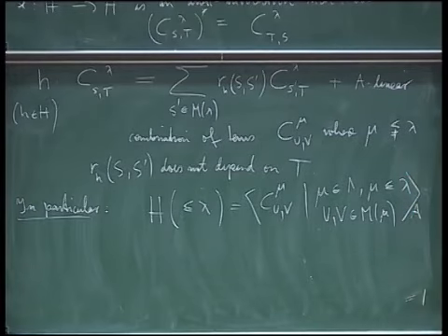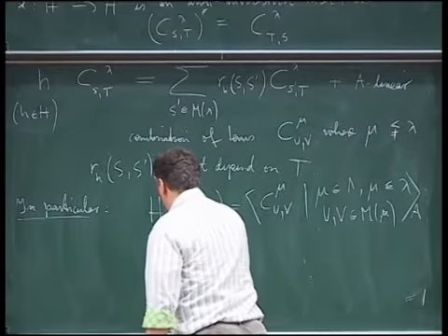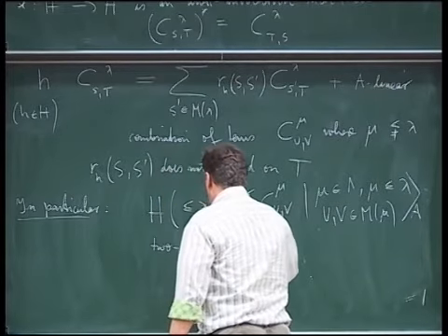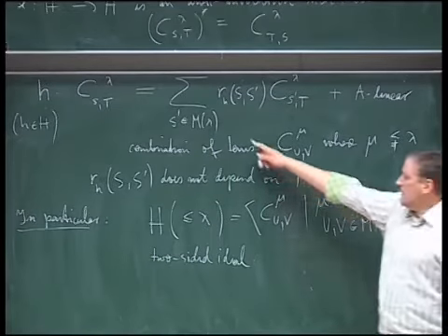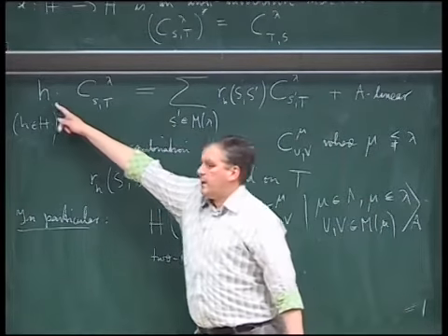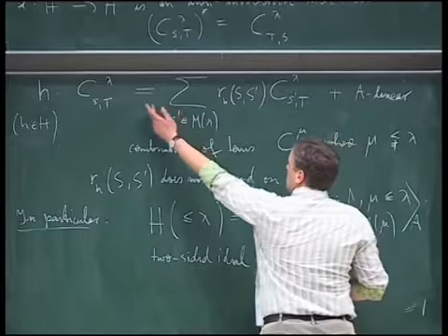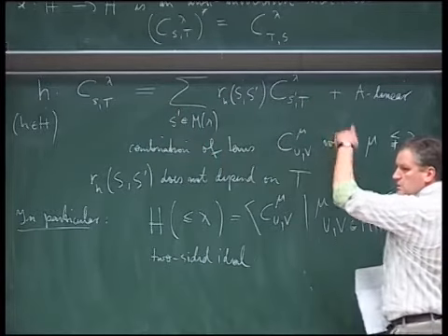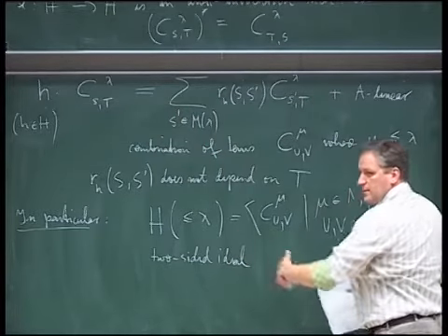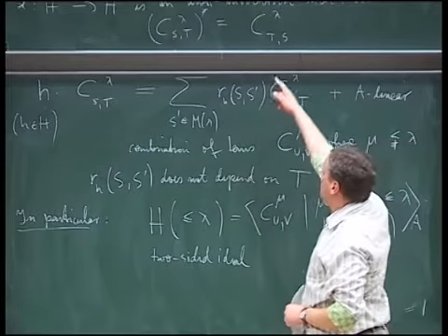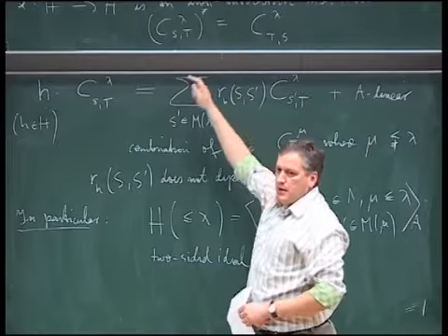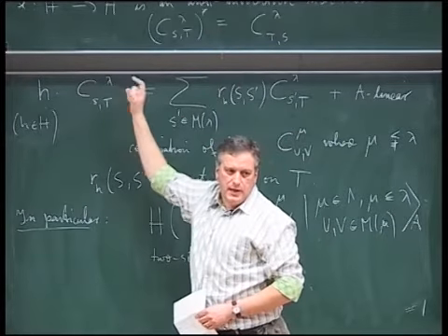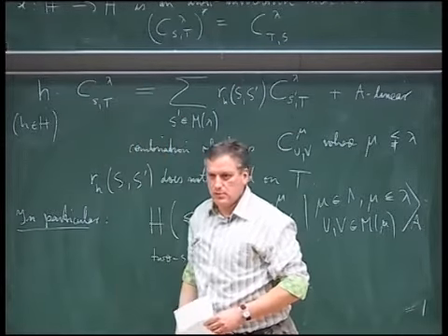So just the A span of this actually turns out to be a two-sided ideal in H. Left ideal is clear from this condition. Here I multiply from the left and I see in the product there are only terms with mu's which are smaller. So that's clear, it's a left ideal. And the fact that it's also a right ideal follows from this condition, the star here. So using the star, every left-handed rule has a right-handed analog.